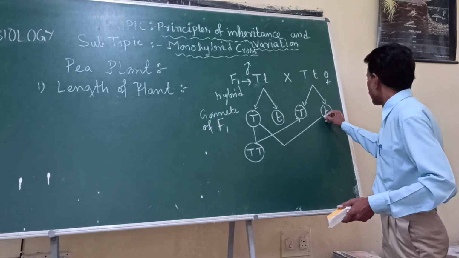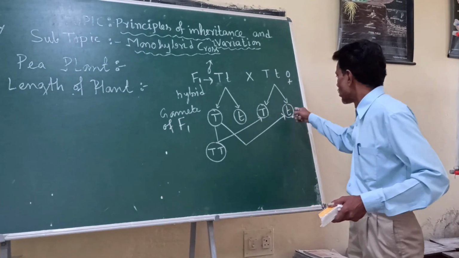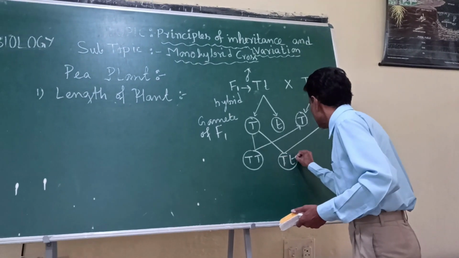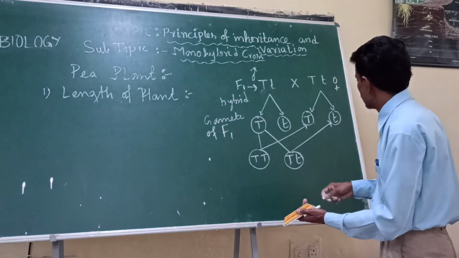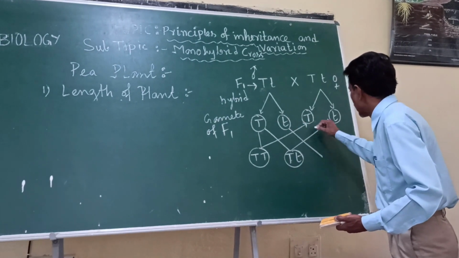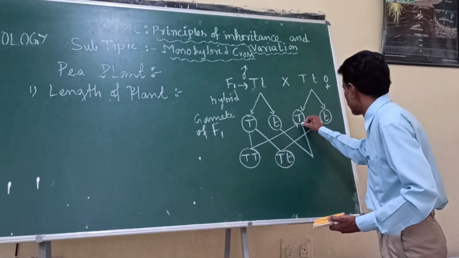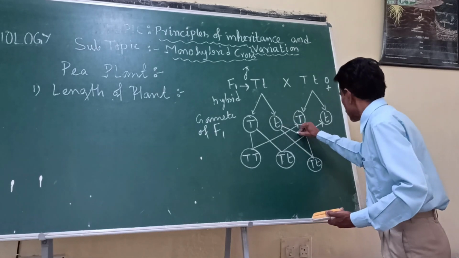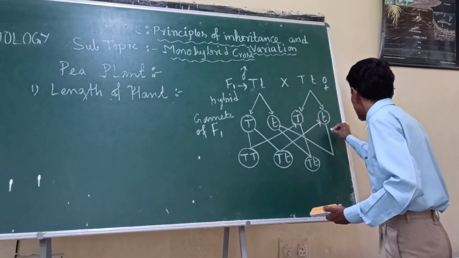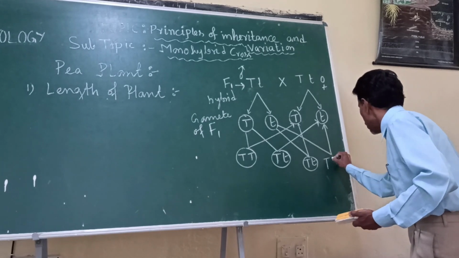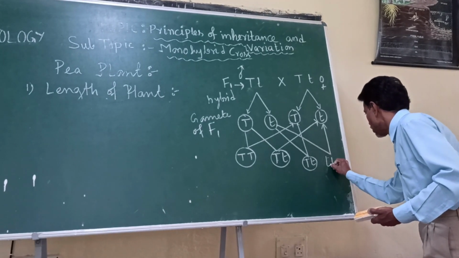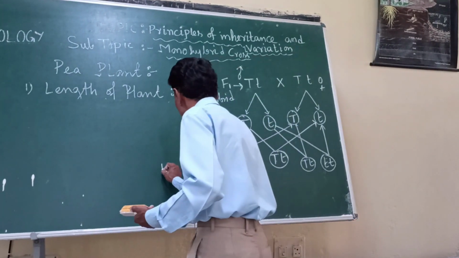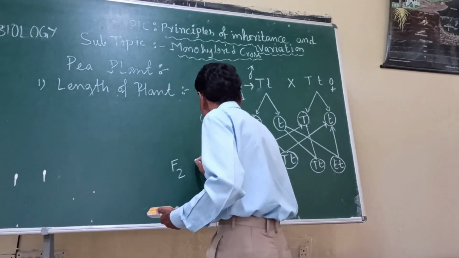This capital T can fertilize this small t containing gamete, so capital T, small t is the resultant product. This small t can cross with this capital T, resultant is capital T, small t. This small t can cross with this small t, resultant is small t, small t. So we have got the result. This is called the F2 generation.